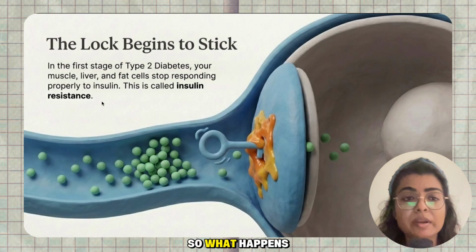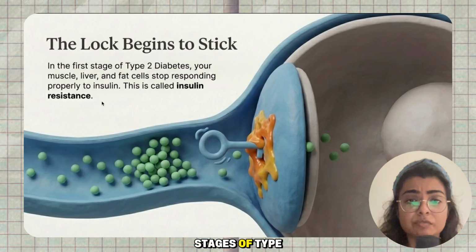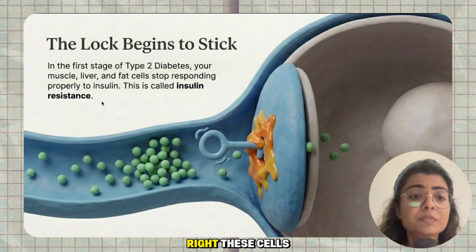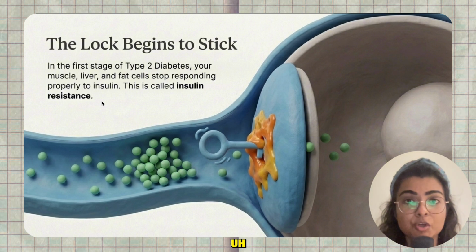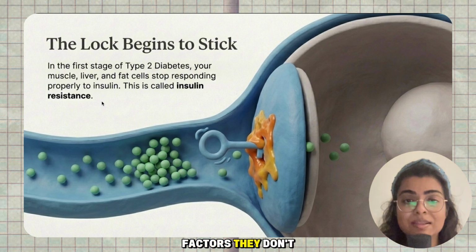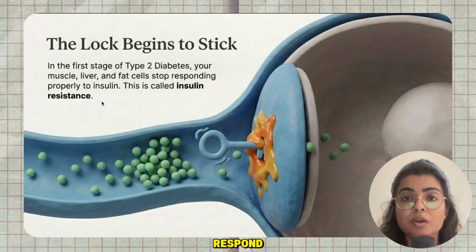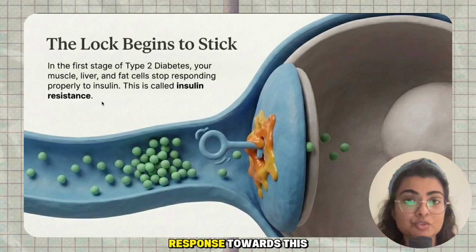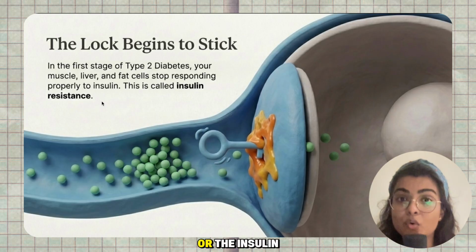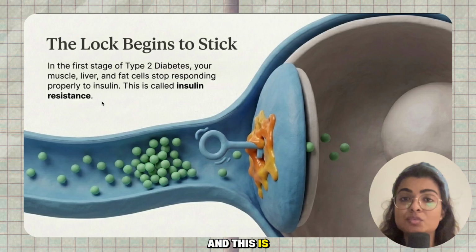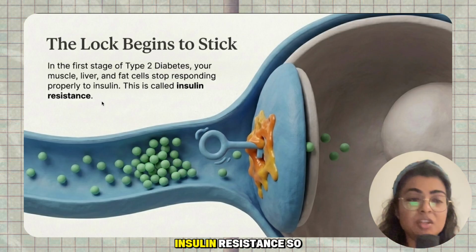Okay, so what happens in the early stages of type 2 diabetes, right? These cells, due to multiple factors, don't respond or reduce their response towards this key, the insulin, right? And this is the first stage, insulin resistance.